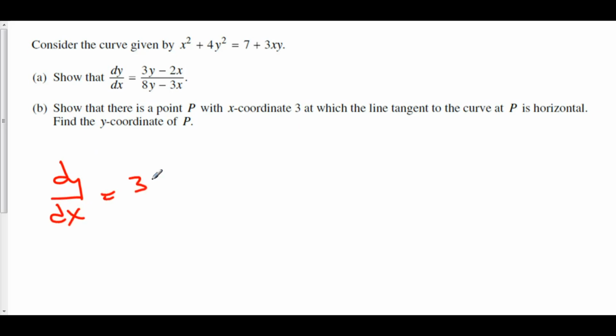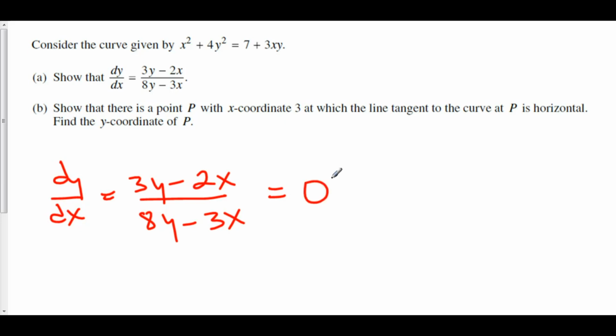Here we have 3y minus 2x over 8y minus 3x, and this is all going to be equal to 0. Now, a fraction is only 0 when the numerator is equal to 0. So this implies that 3y minus 2x has to be equal to 0.